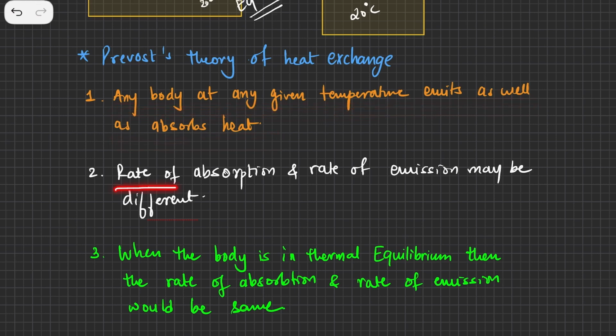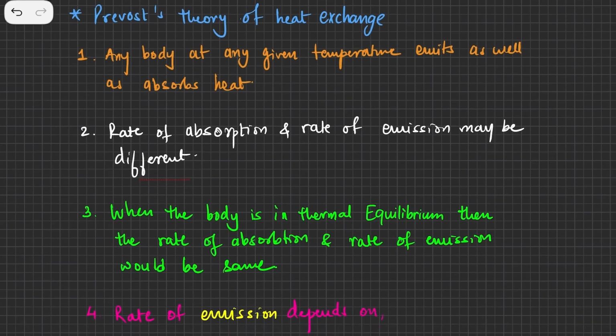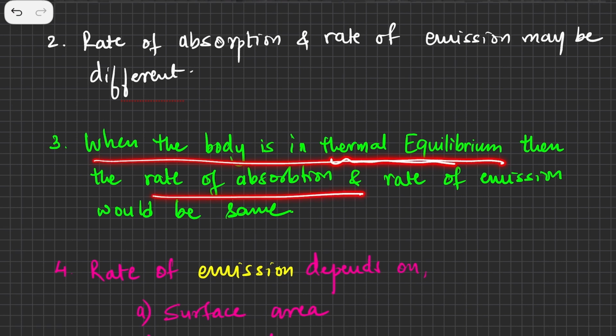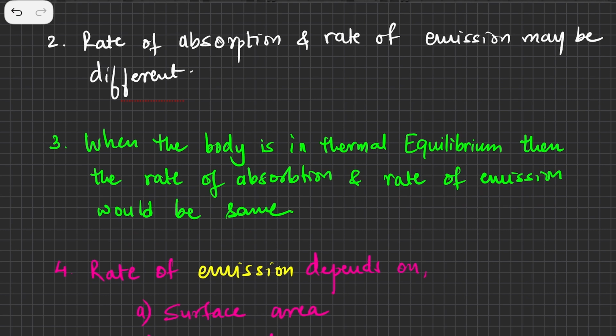Second point is the rate of absorption and the rate of emission may be different for different temperatures, but they can be equal when there is thermal equilibrium. So on thermal equilibrium, the amount of heat emitted and the amount of heat absorbed will remain the same.